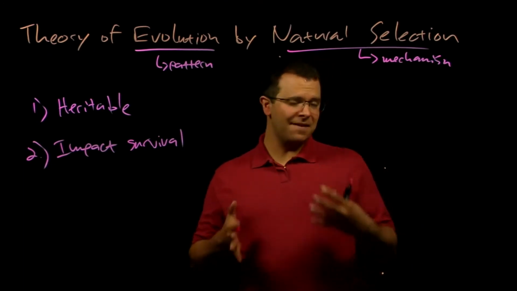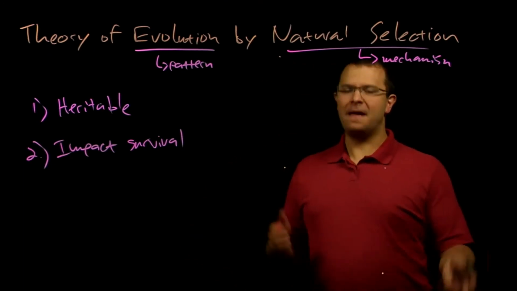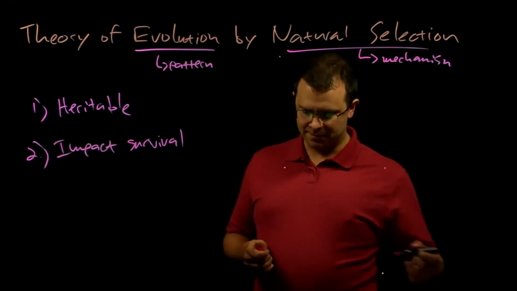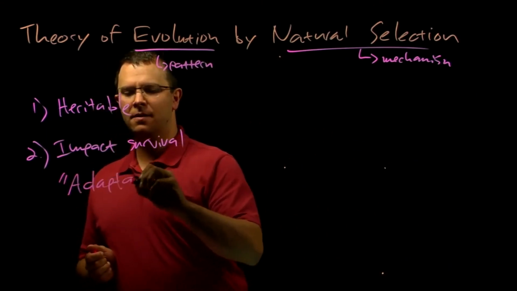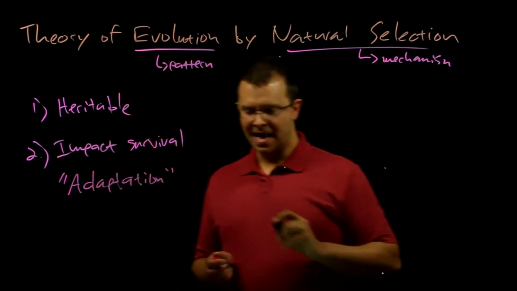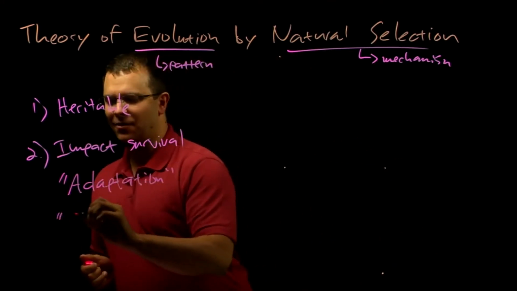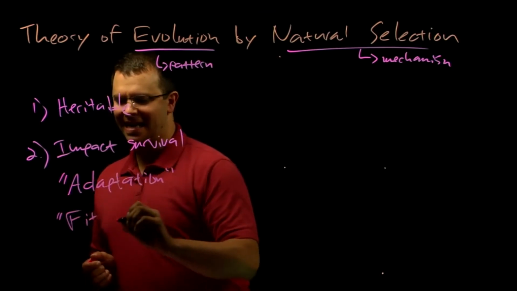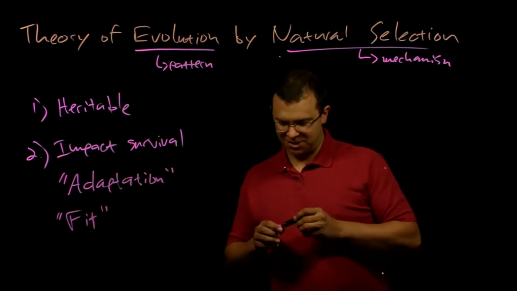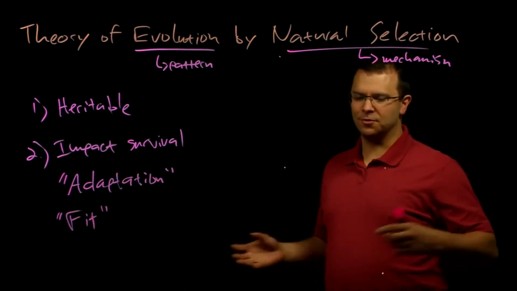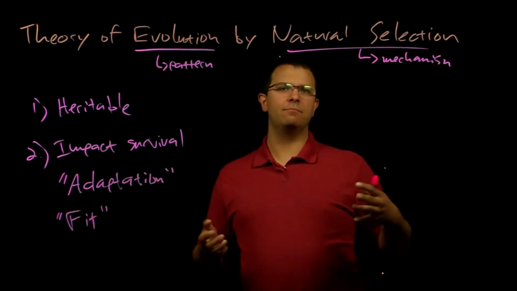And so if an organism has a trait that makes it more likely to produce offspring, we call that trait an adaptation. And we say that organisms that have that adaptation are more fit than organisms that don't, which is to say that they're more likely to survive and they're more likely to reproduce.